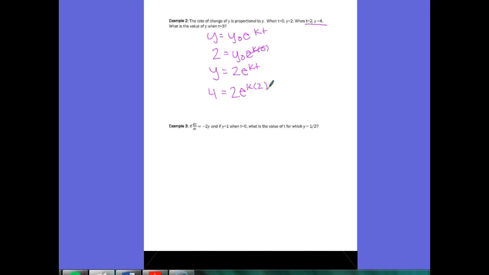We get 4 equals 2e to the k times 2. So you divide both sides by 2. You get 2 equals e to the 2k. How do you get rid of an e? ln. You're going to ln both sides. So how do you get k by itself? We divide. So k equals 1/2 ln 2.